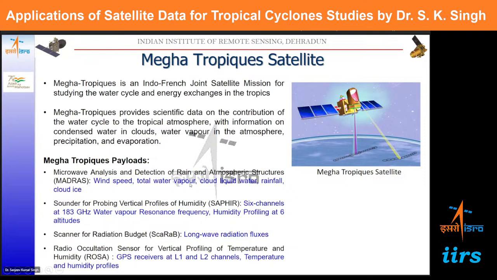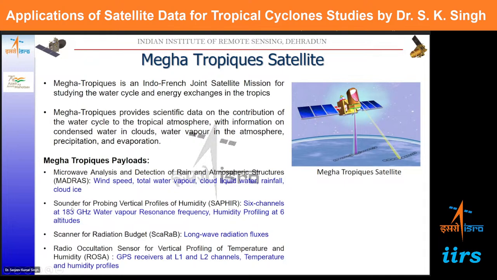One of the applications is Megha-Tropiques, one of the most important missions launched by ISRO. In the tropical region, it provides the temperature and moisture profile. It had four payloads.